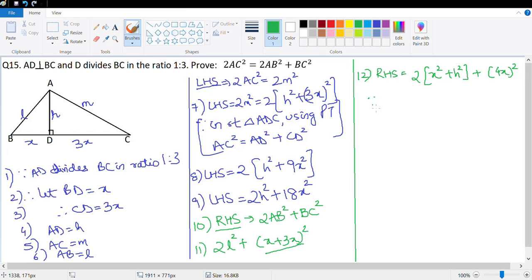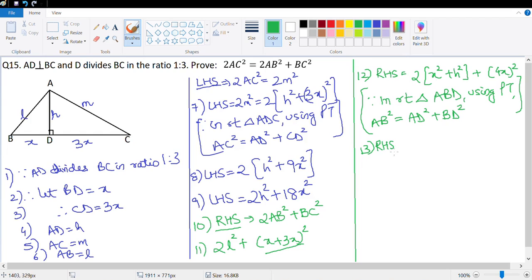Reason for this, since in right triangle ABD using Pythagoras theorem, we have AB square is equal to AD square plus BD square. So that's the reason for this. Next, right hand side is equal to 2 times X square plus 2 times H square plus 4X whole square, that's 16X square.